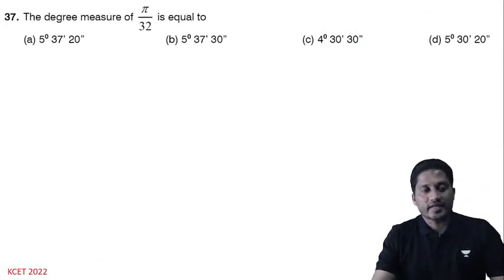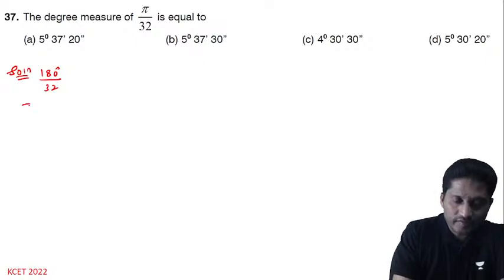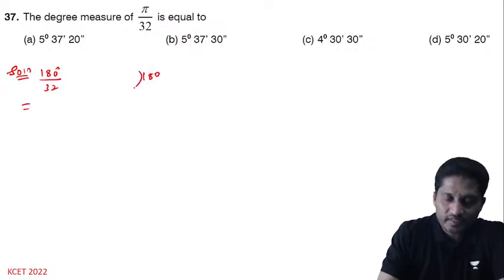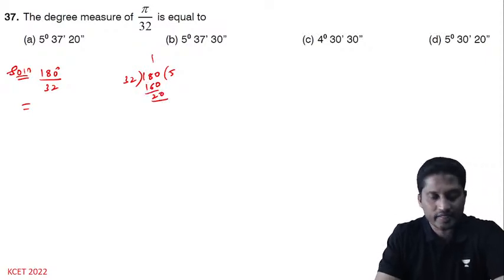The degree measure of pi by 32 is: pi is 180 degrees, so 180 degrees by 32. Now if I divide 180 by 32, 5 twos are 10, 5 threes are 15, 16, 120, so the remainder is 20.